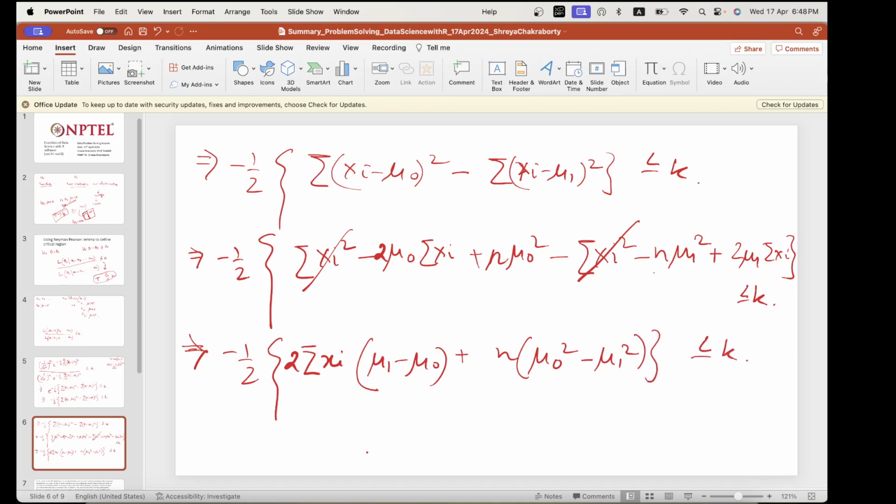This is less than or equal to k. Okay. So this part should be minus something, so if it goes on the right side, it will be less than k. So we can write this, the 2 cancels, as summation xi (mu1 minus mu naught) should be less than or equal to some k star.